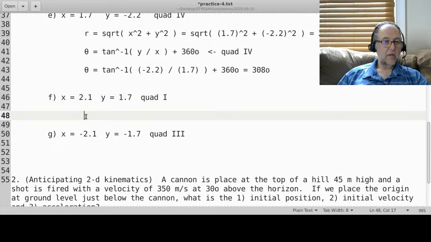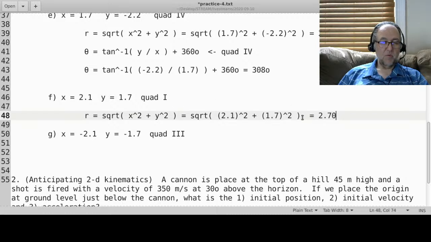Let's solve for r for the first one. r is equal to the square root of x squared plus y squared. That's equal to the square root of 2.1 squared plus 1.7 squared. And if you work that out, that turns out to be 2.7.